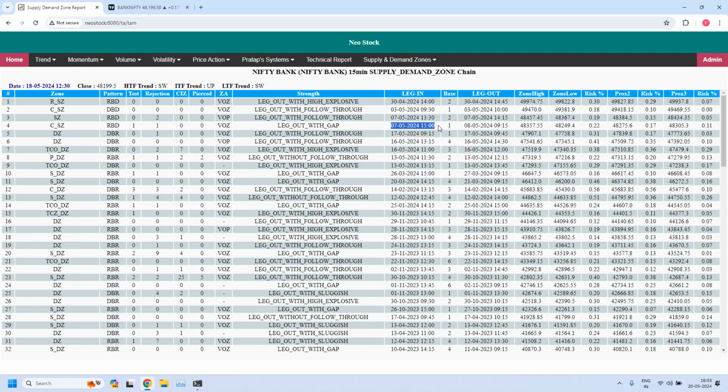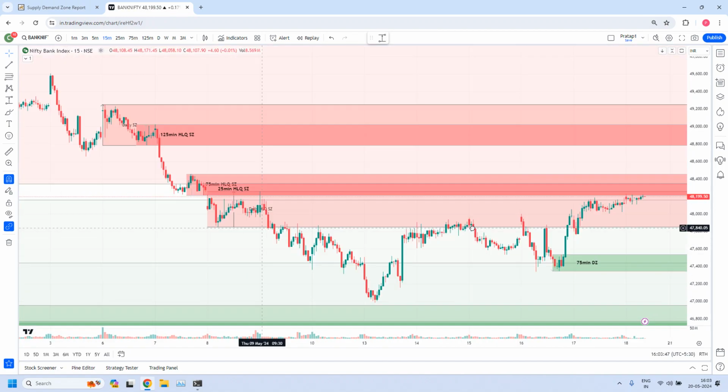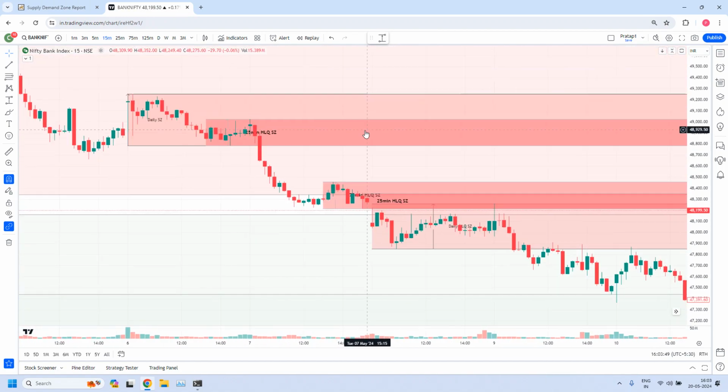So what is the immediately available high liquidity supply zone? 7/5/15, one base candle. Maybe the same one.